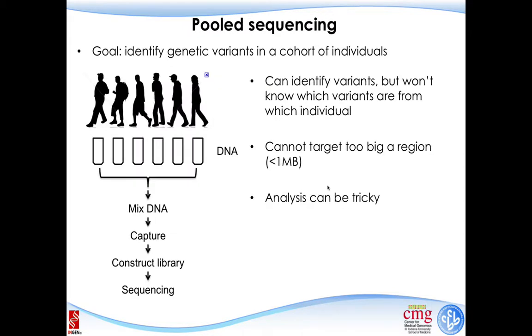And then sometimes we are going to do pooled sequencing. So let me show you how we do pooled sequencing. Normally, we get DNA from multiple people, and in many cases they represent a similar phenotype. So let's say all these are controls, and there's another group of people who are all patients or cases. What we do is we get their DNA, and we first mix the DNA. And then after that, we do the capture and the library construction.